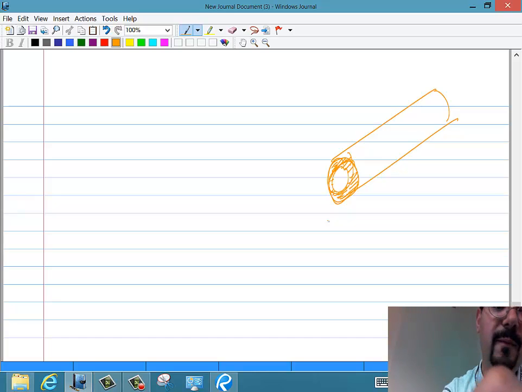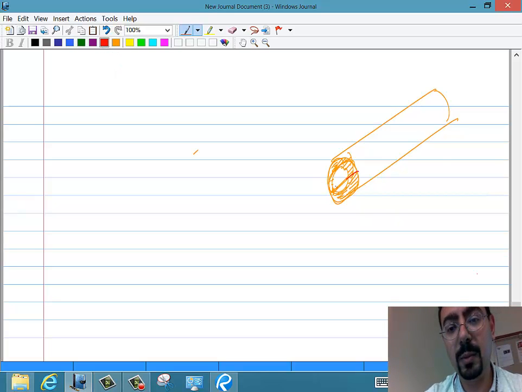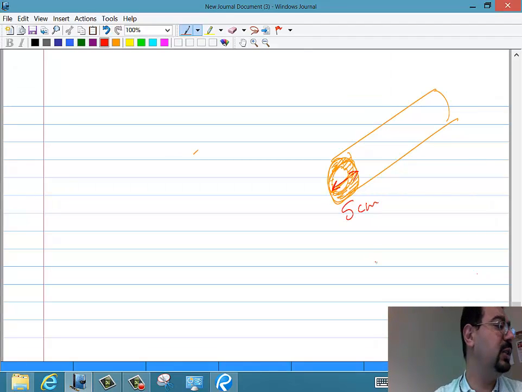All right. So this pipe has a 5 centimeter diameter, and he actually didn't say whether it's inside or outside. He just said the pipe diameter is 5 centimeter, so I don't know whether it's inside or outside.